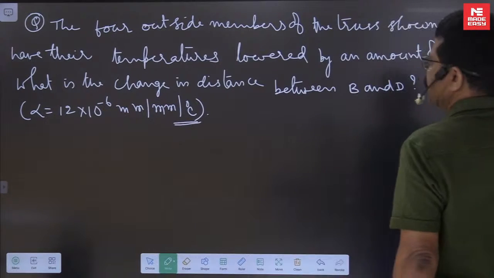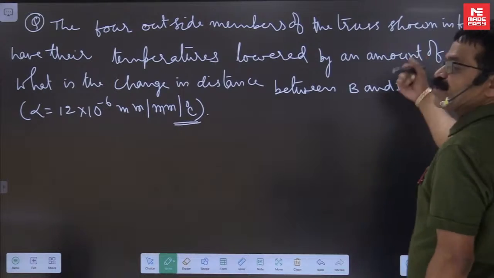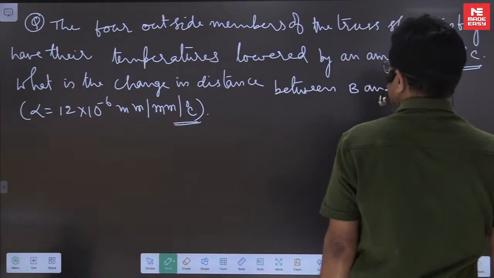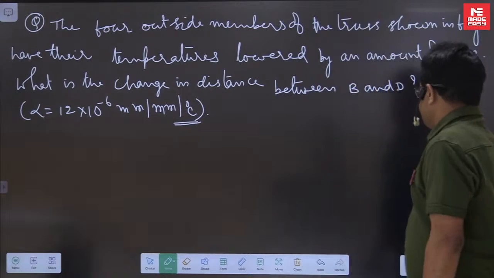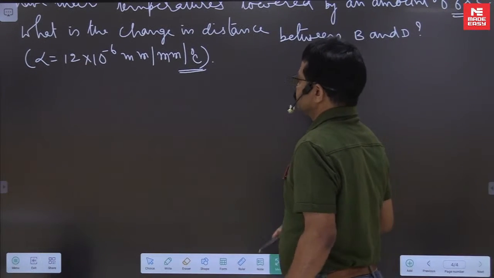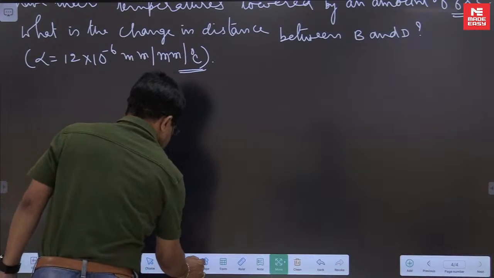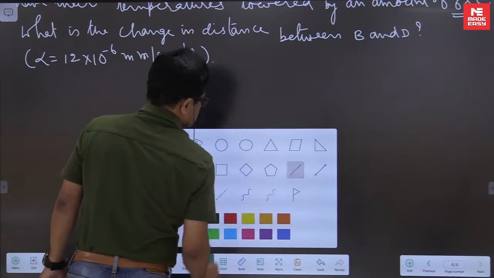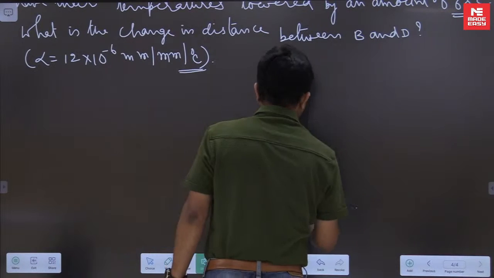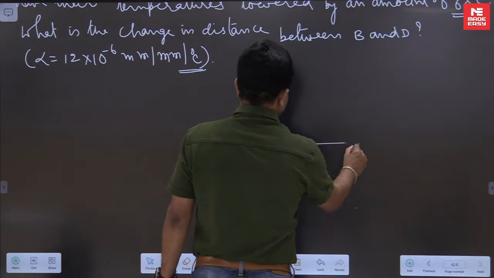Outside members of the truss shown in figure have their temperatures lowered, means they will get contracted by an amount of 60 degrees, change in distance between B and D. All the problems got deleted, so we are writing again.